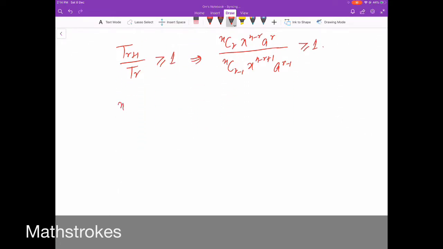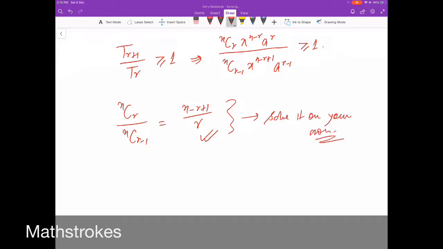Solving this, we already know nCr upon nC(r-1) can be written as (n-r+1) upon r. If you have a problem with how I directly wrote this, pause the video and solve it on your own. Very easy, you will get it.